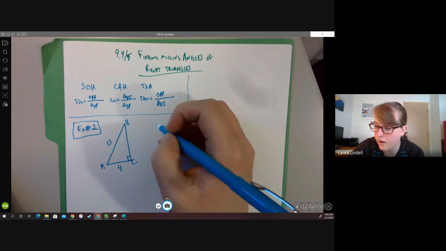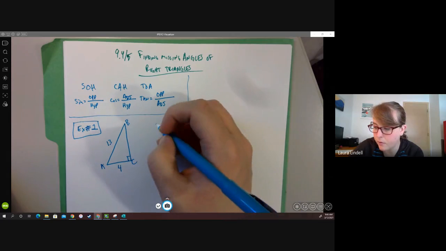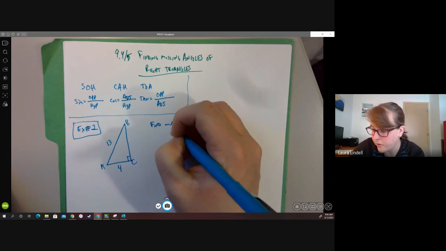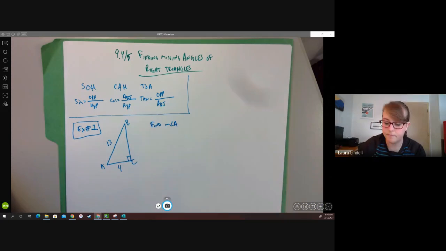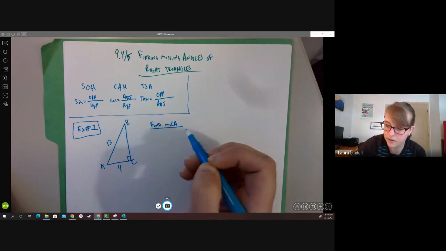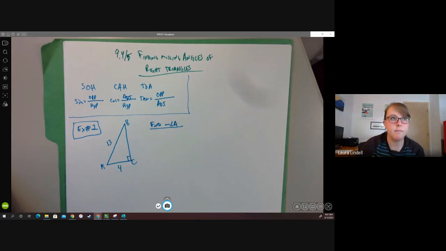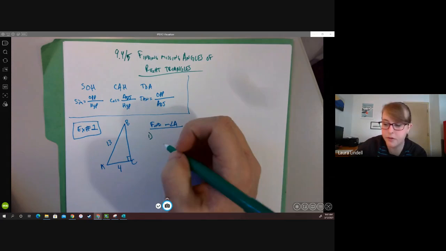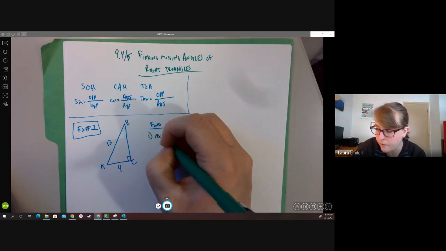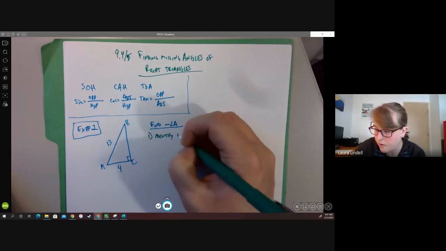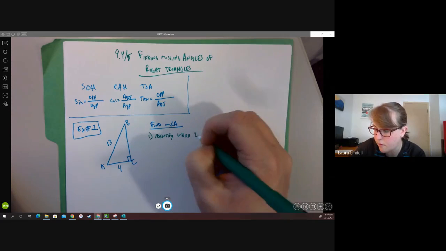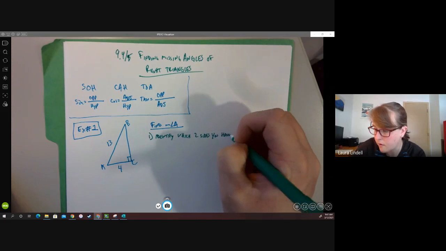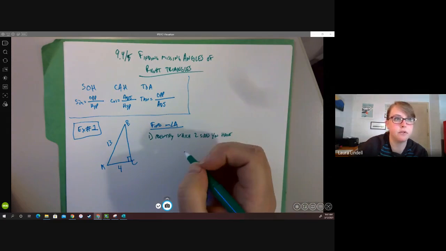So for example 1, we are going to first find the measure of angle A. Step 1, identify which 2 sides you have with respect to the angle that you're looking for.